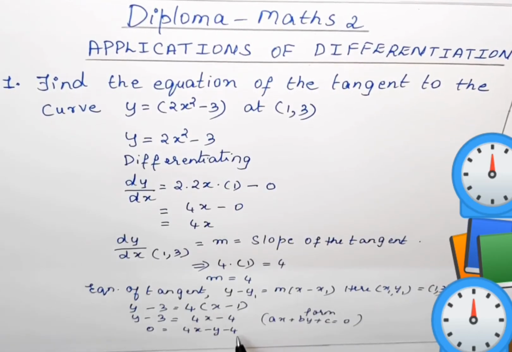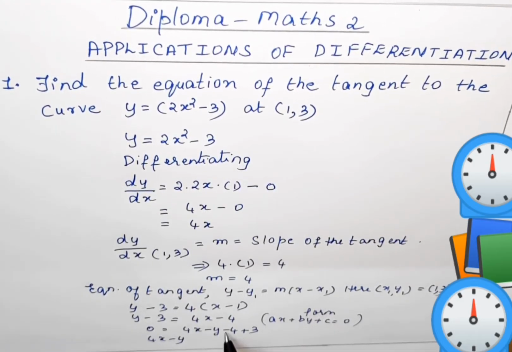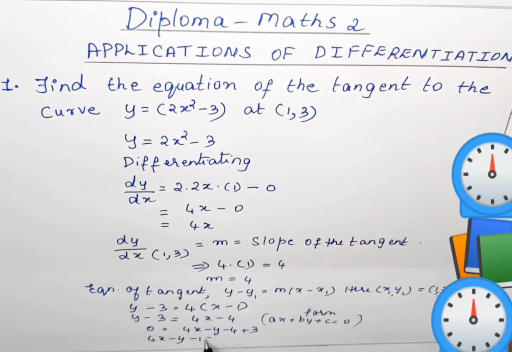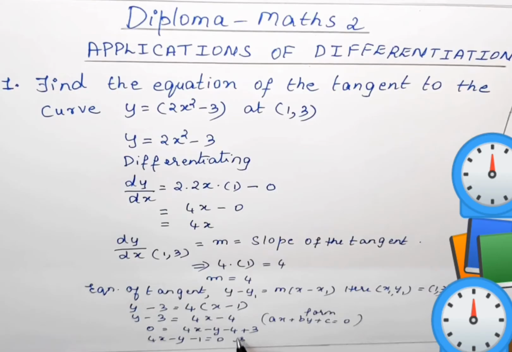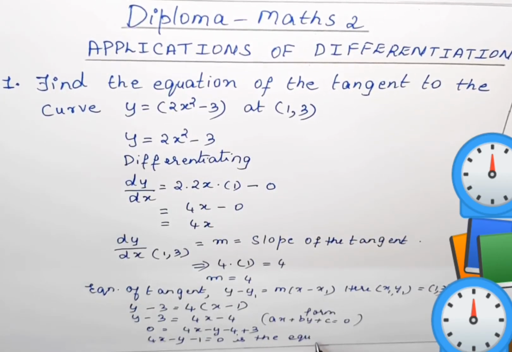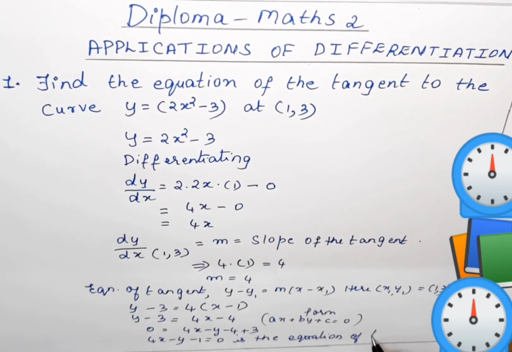When you bring y to the right hand side, it becomes minus y, and minus 4 plus 3, because minus 3 when it comes to the right hand side becomes plus 3. Now 4x minus y, minus 4 plus 3 is minus 1, equal to 0. 4x minus y minus 1 is equal to 0 is the required equation of the tangent. Hence, we have solved question number 1.